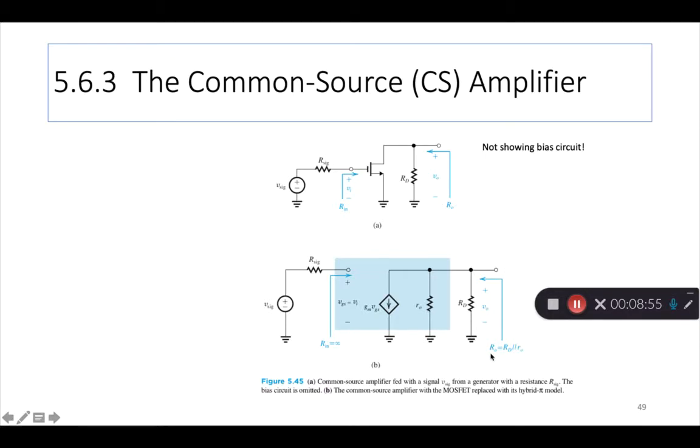So the output resistance is the parallel combination of RD and small RO, but it may also have the load resistance. So there may be three resistances in parallel that give you the output in some problems. Without the load, of course, you call it the open circuit gain.